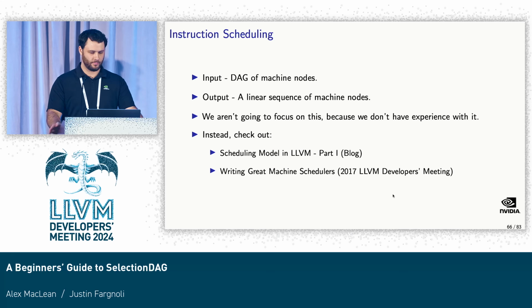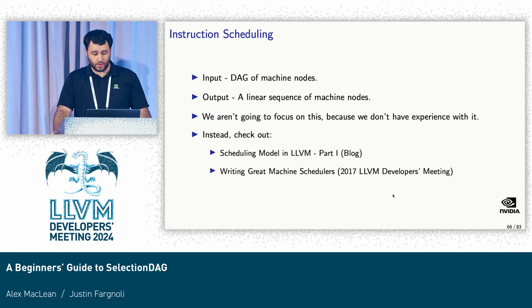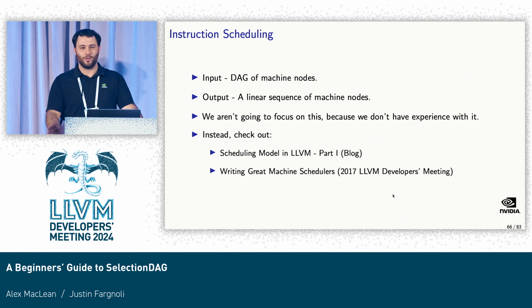So next is scheduling. Our input to scheduling is a DAG of machine nodes, and our output is a linear sequence of these machine nodes. We could just perform a simple topological sort.